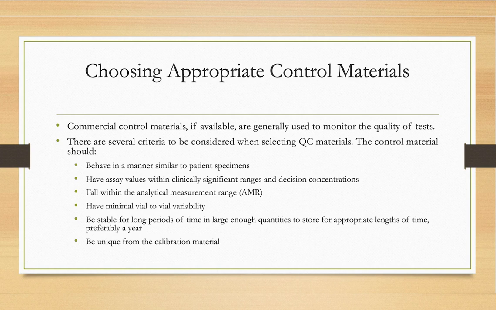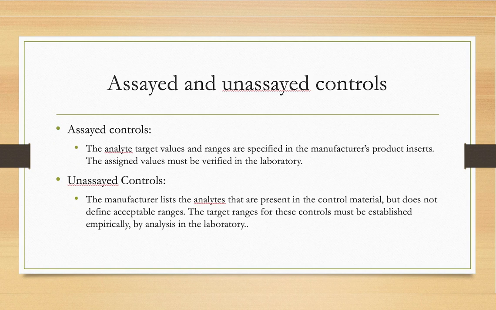The control materials should behave in a manner similar to patient specimens, have assay values within clinically significant ranges and decision concentrations, fall within the analytical measurement range, that is AMR, have minimal vial-to-vial variability, be stable for long periods of time in large enough quantities to store for appropriate lengths of time, preferably a year, and be unique from the calibration material.